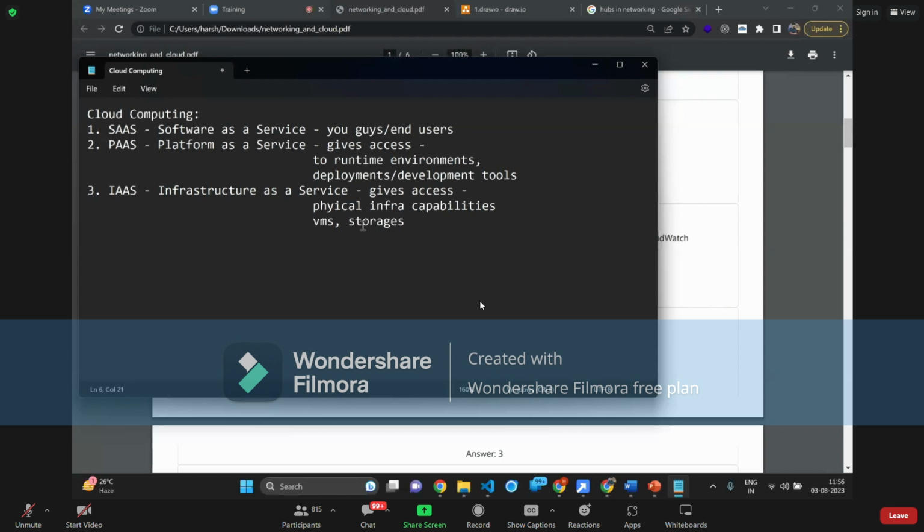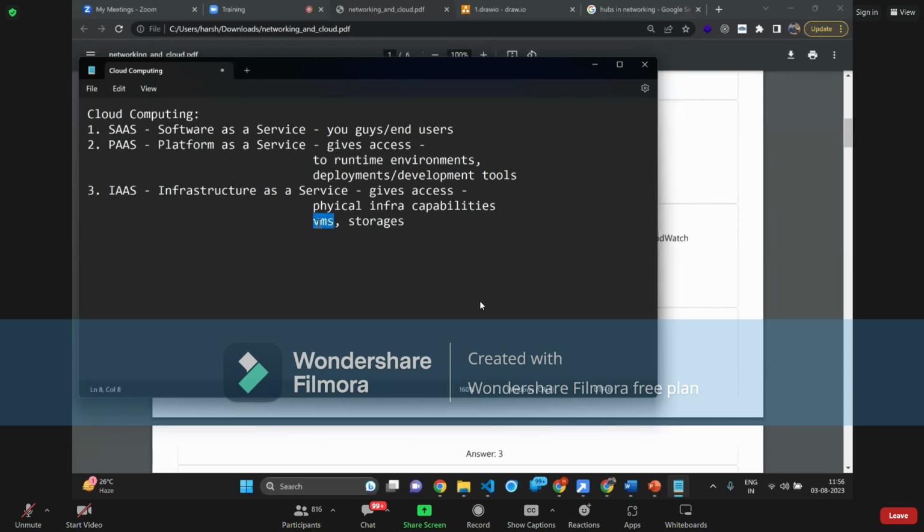For example, I want 6 GB RAM on the cloud with such and such operating system, and I want a user to get access to such a facility or service. Then we have to build something called infrastructure as a service, where we give them access to multiple physical infrastructures, remotely, using virtual machines.